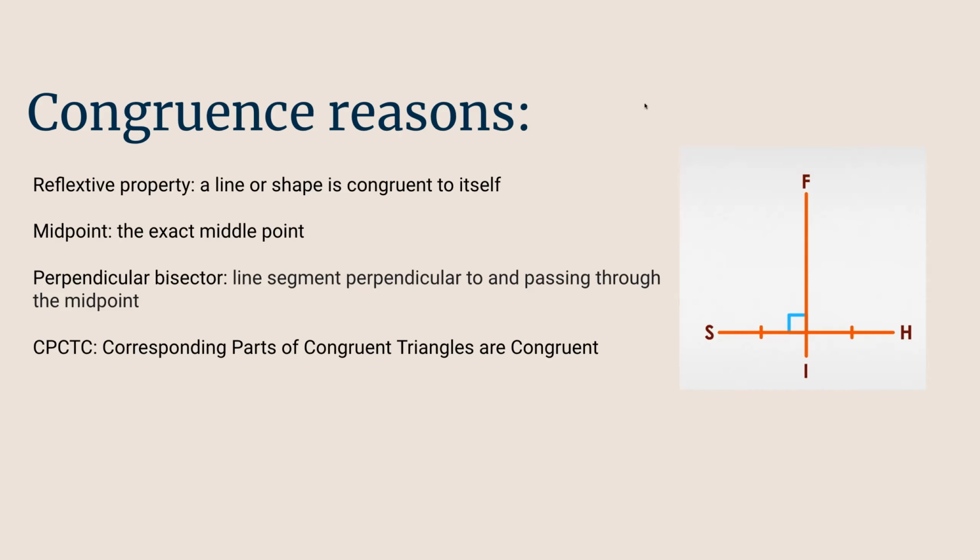And then you have CPCTC, which is corresponding parts of congruent triangles are also congruent. That's sort of the same reasoning as when we had corresponding angles, essentially. Next slide, please.